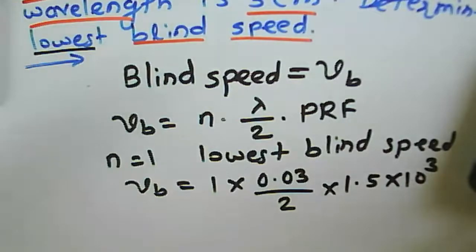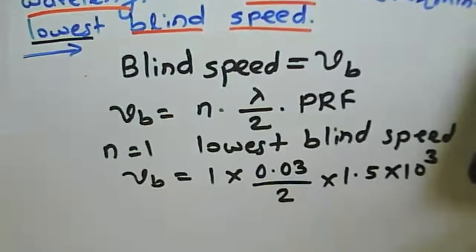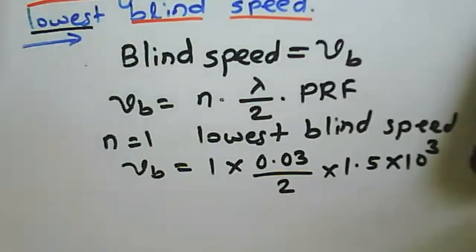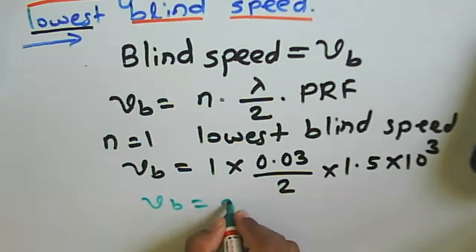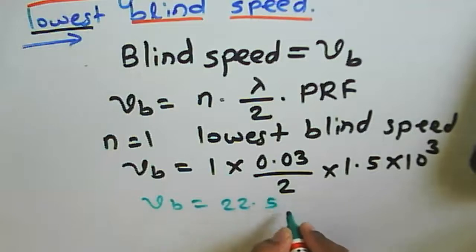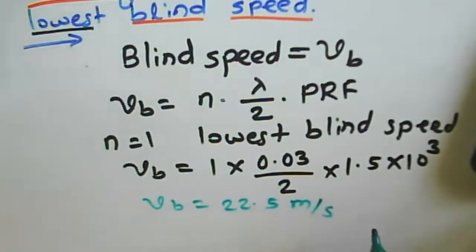Once we solve these values, we get VB equal to 22.5 meter per second. That is the blind speed.